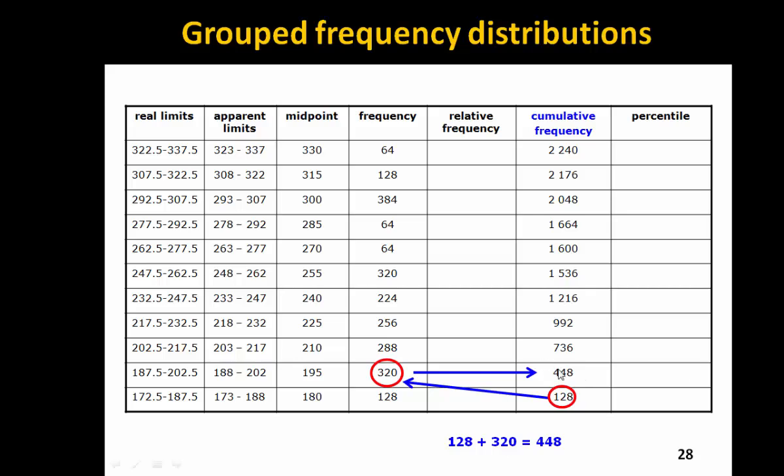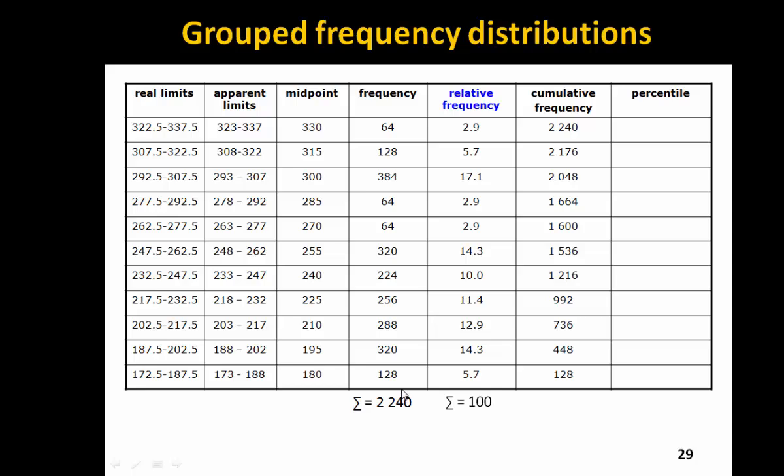We then add 448 to 288. It gives us 736, and we continue this process until we get all the way to the top. And when we get all the way to the top, what we see is we have a cumulative frequency that equals the summed value at the bottom of the frequency column.